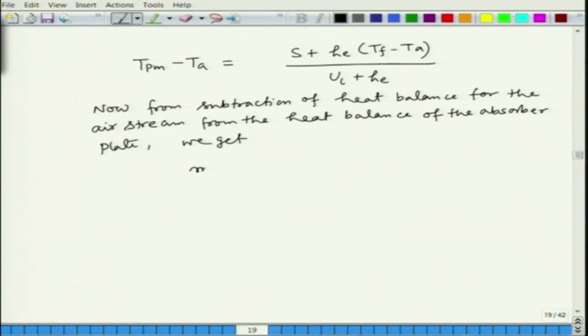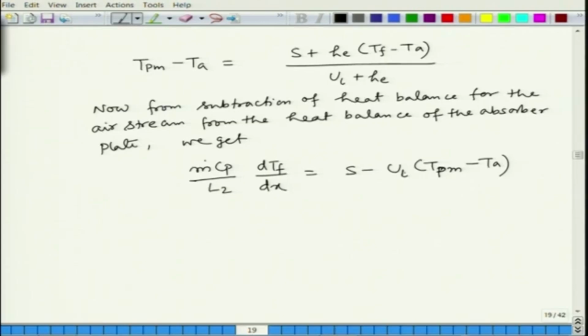We get the following: mCp divided by L2 times dTf/dx equal to S minus UL (TPM minus TA). This looks familiar, right?